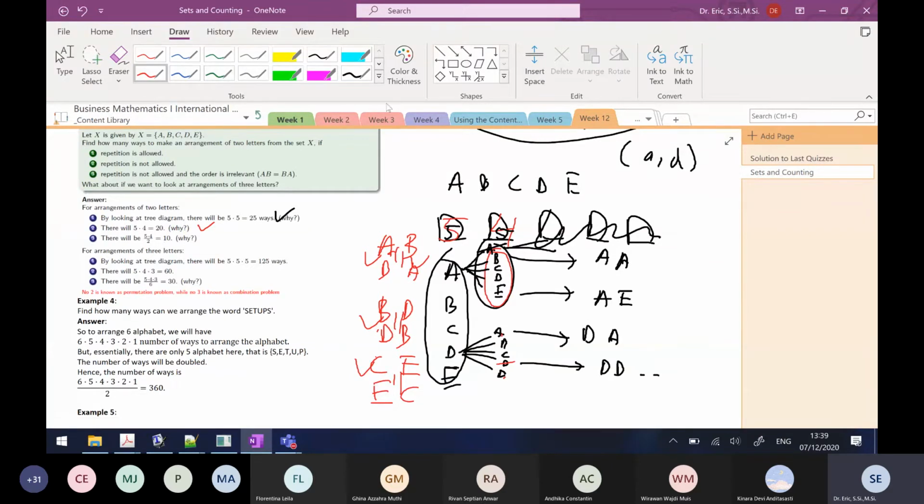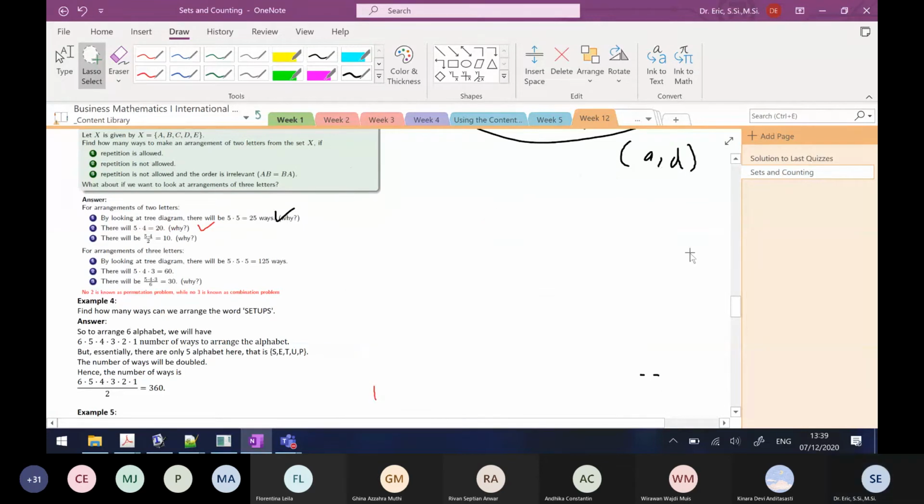Okay, what about arrangement of 3 letters? Very easy. You have 3 letters, and repetition is allowed.